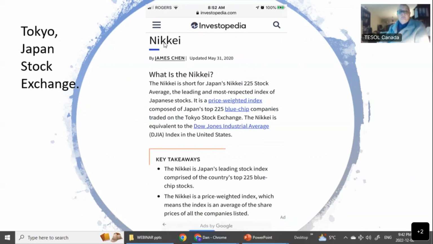In Japan, the Nikkei is the stock exchange title. Nikkei is short form for Japan's Nikkei 225 stock average, the leading and most respected index of Japanese stocks. So the Nikkei is equivalent to the Dow Jones Industrial Average in the United States.